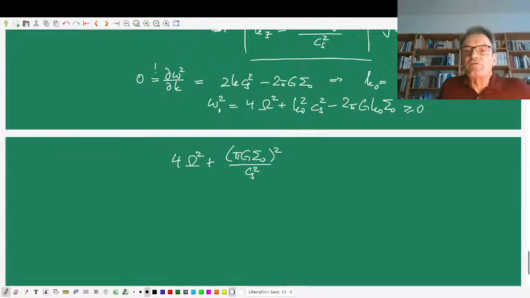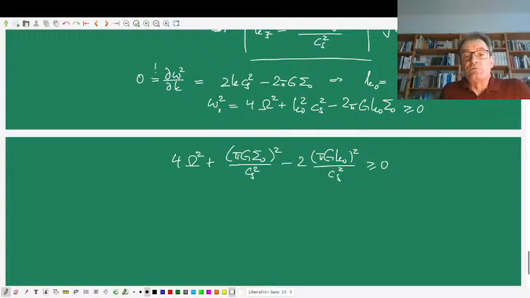Okay, fine. Of that we have to subtract 2 pi g sigma 0 times k0. Right? So again, we'll get 2. Now pi g sigma 0, this is the numerator of, so also here we will have pi g k0 squared divided by cs squared. Right? This must be larger or equal than 0.